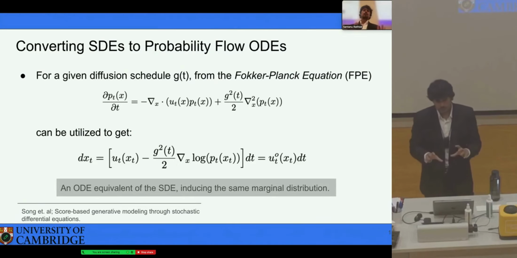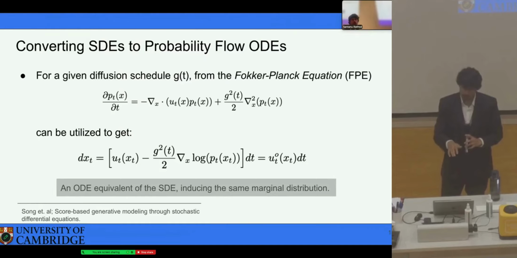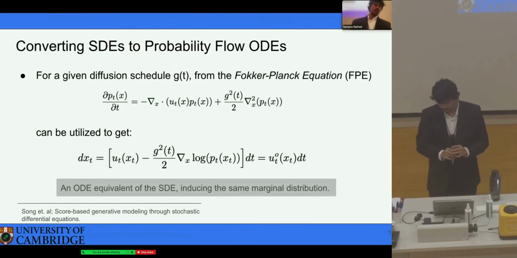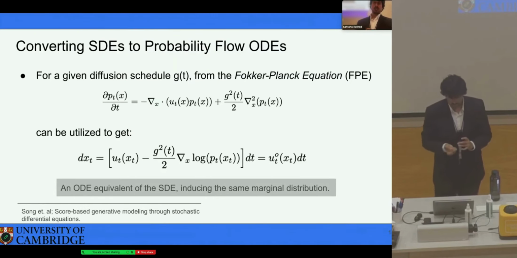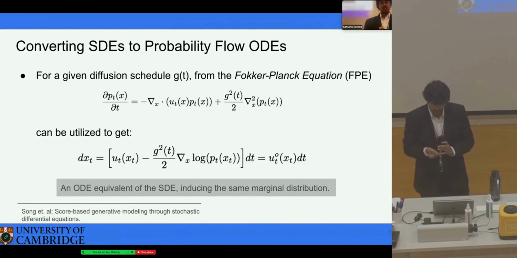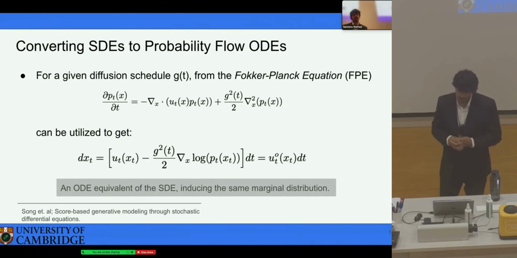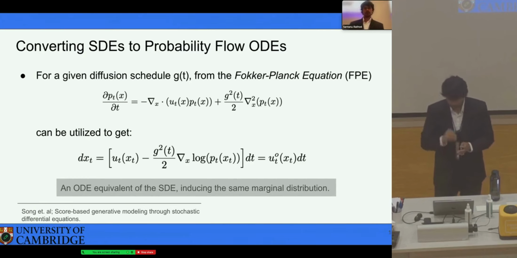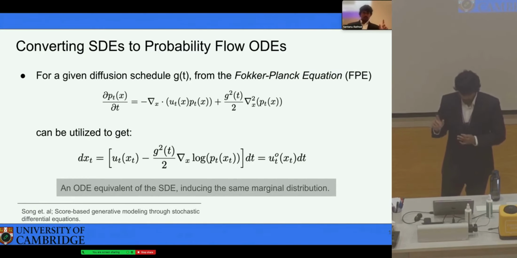And you can use this equation over here to get the following probability flow ODE. It's a result that you can derive not quite easily, but decently well, and it was also explicitly present in the paper by Song et al.